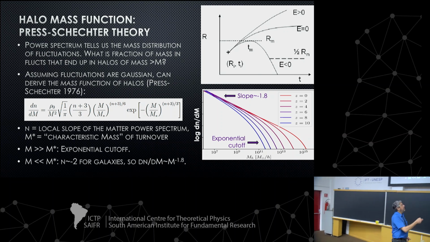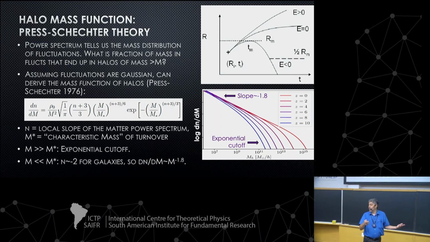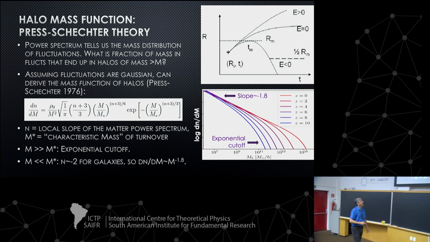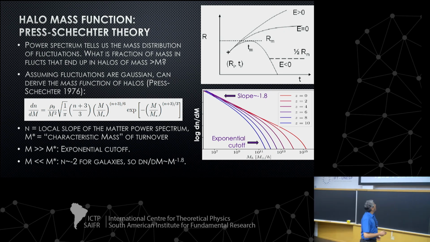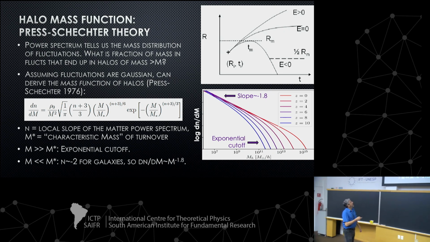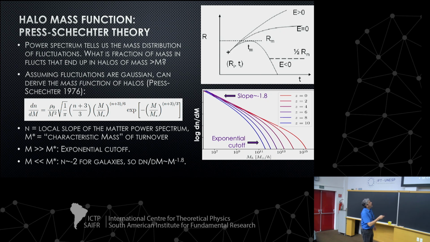So there's various options. This is just a binding energy criterion. This is a total energy 0. This is energy greater than 0. These don't collapse. This one, however, if it has enough mass, it's going to recollapse. So you take that recollapse and you ask the question, what is the fraction of mass that's going to end up doing this versus this?